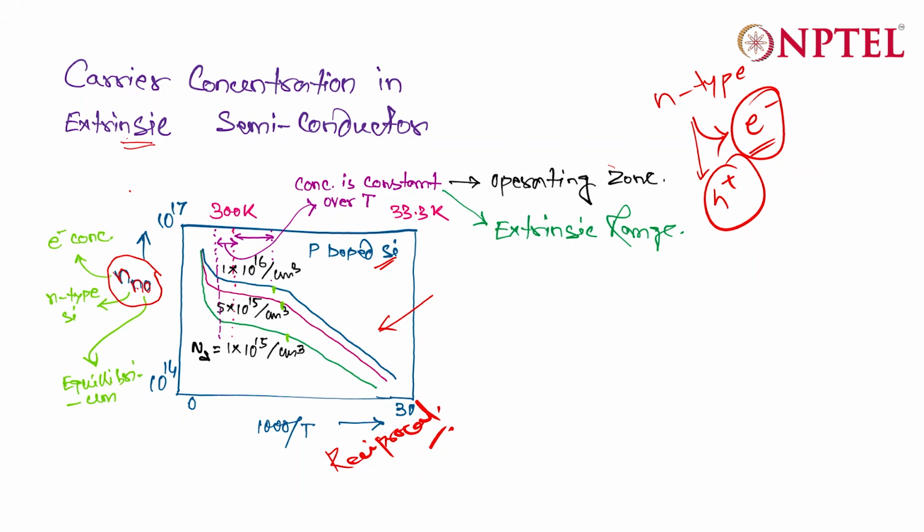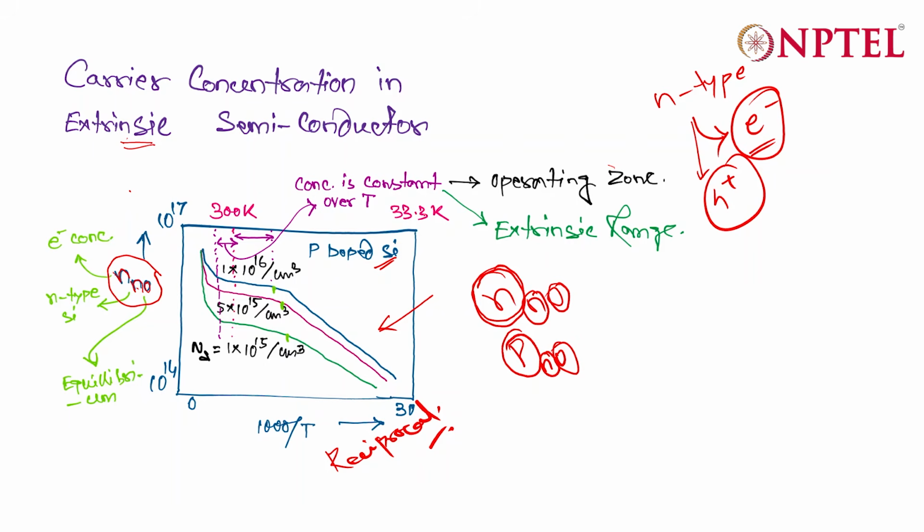So n_n0 basically shows electron concentration or N-type carrier concentration in an N-type material at equilibrium. Now, what will be the minority carrier concentration? p_n0. That is hole concentration or P-type carrier concentration in N-type material at equilibrium.